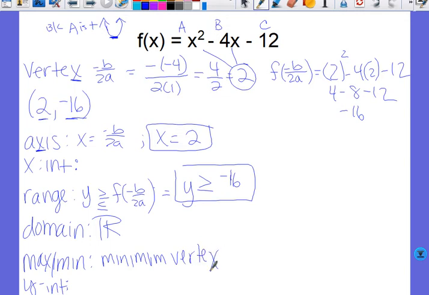To find my y-intercept, I'm supposed to do the function when x equals 0, which makes sense. So to do that, I would say 0 squared minus 4 times 0 minus 12, which equals negative 12.